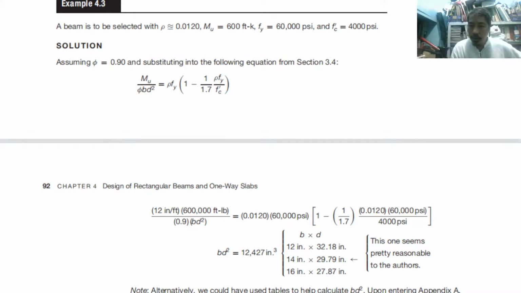This process is okay when you are going to design a beam and also a slab, a one-way slab. Again, there are no questions. Therefore, see you on the next live stream after a 30-minute break.